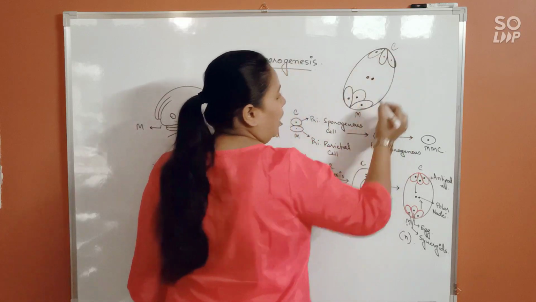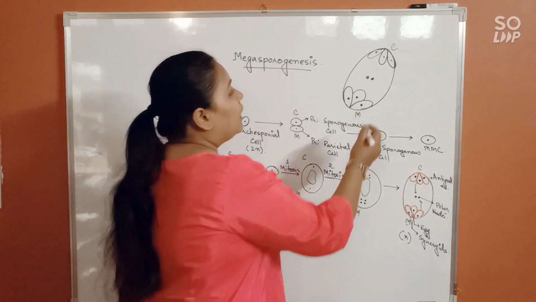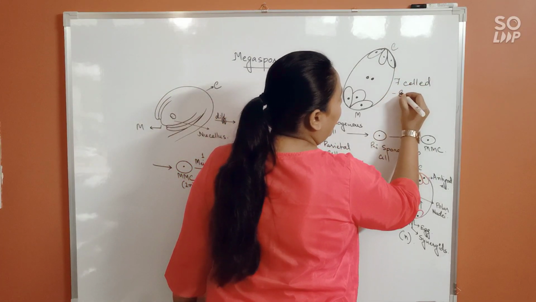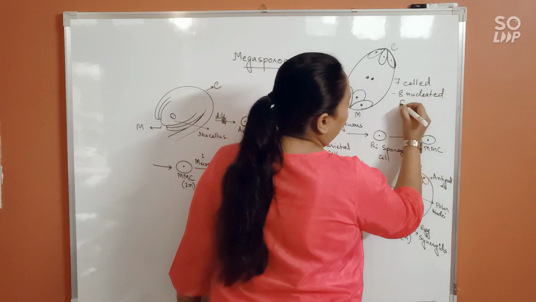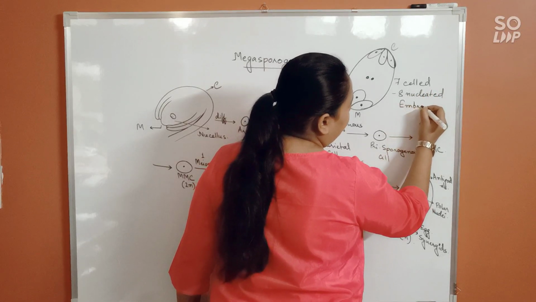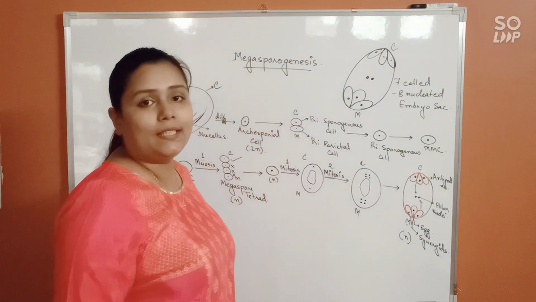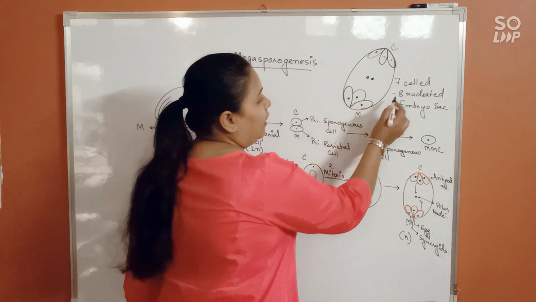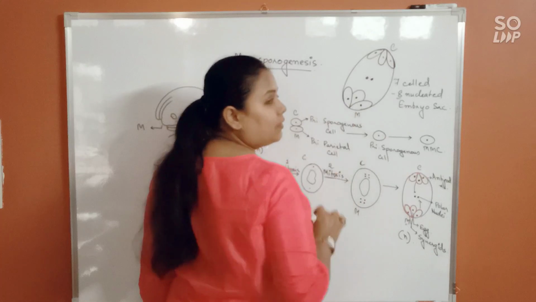This well-developed embryo sac is going to be known as 7-celled, 8-nucleated embryo sac. 7-celled, 8-nucleated embryo sac. How? There are 8 nuclei present here. 1, 2, 3, 4, 5, 6, 7, 8.